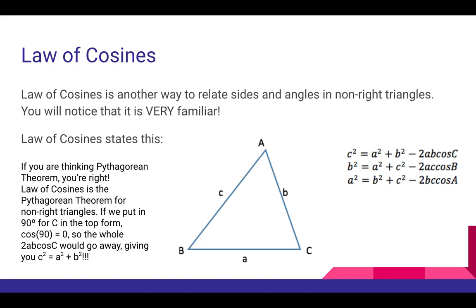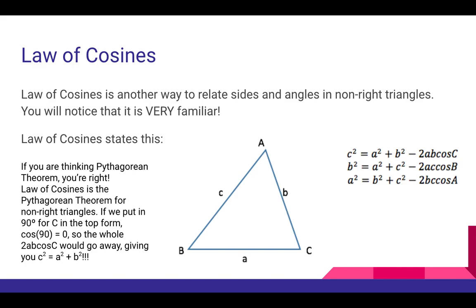If it's feeling familiar, like, wait a second, that's the Pythagorean theorem, you are right. That's what makes the law of cosines so incredibly cool. It's the Pythagorean theorem adjusted for non-right triangles. And if you're thinking, well, then what about a right triangle? Because we know the Pythagorean theorem, it's c squared equals a squared plus b squared. That's that top row.